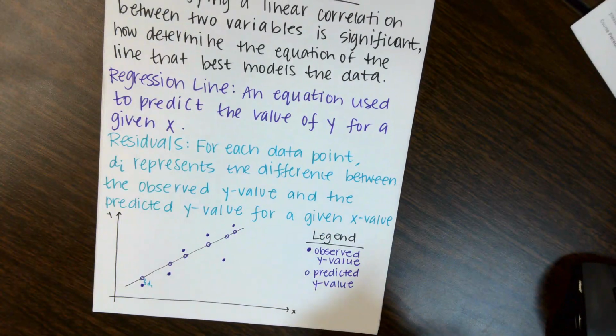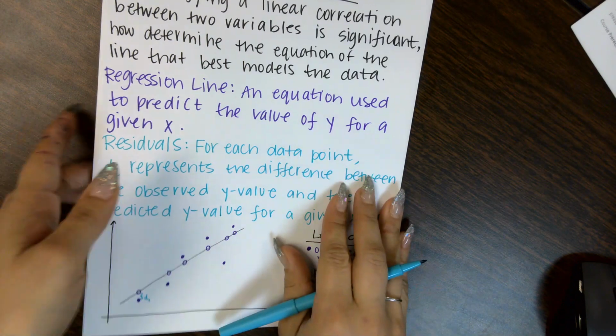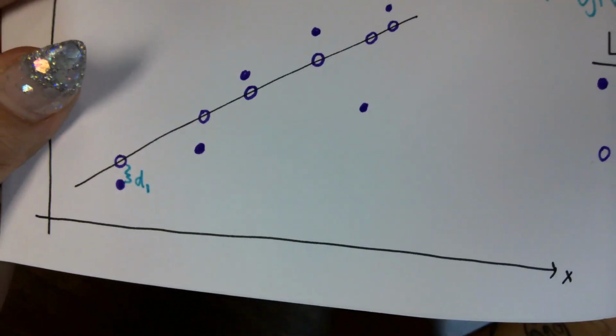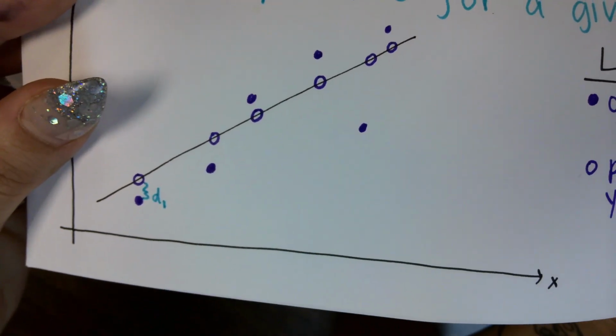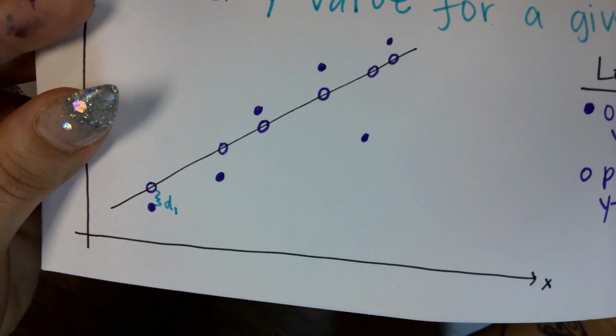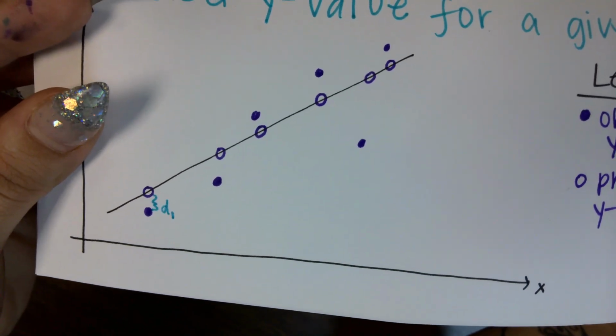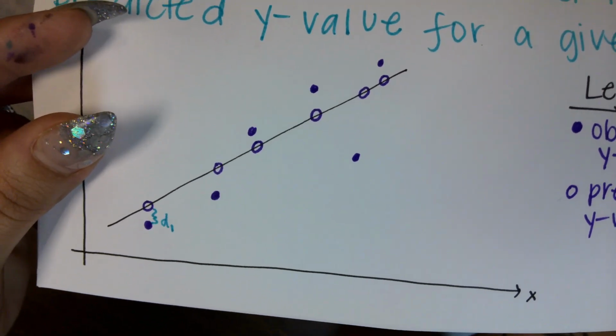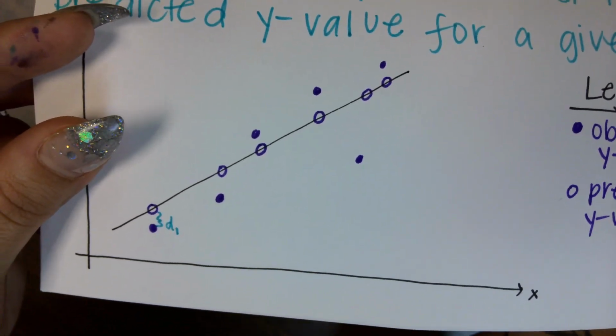That is the first distance between an observed value and a predicted value. So I have the actual observed value that came from my data points, and then I'm predicting it and putting it on this line. I'm trying to figure out what line is the best fit for all these data points, right? And so I did the curly brace, and I call that D sub 1. That's my first data point.